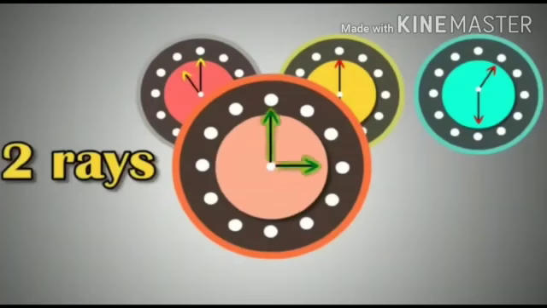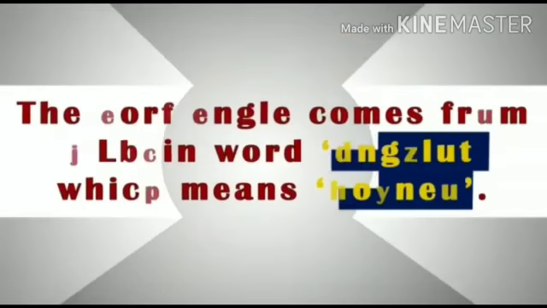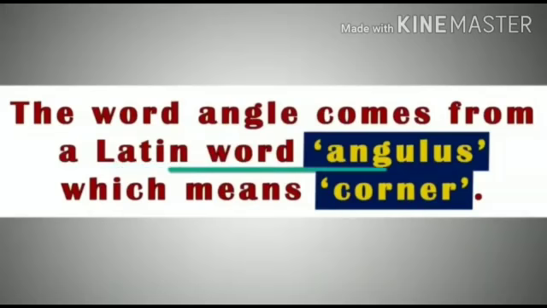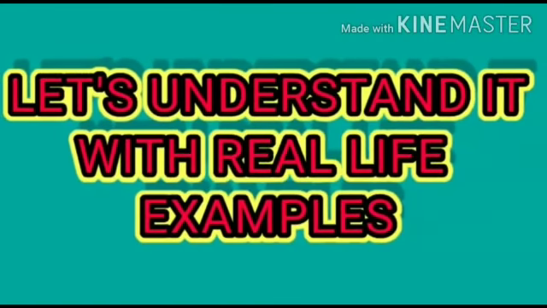Angle is basically a combination of two rays with a common endpoint called a vertex. And the word angle comes from a Latin word angulus, which means corner. Let's understand it with real life examples.